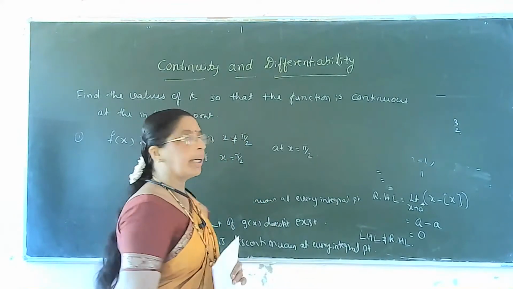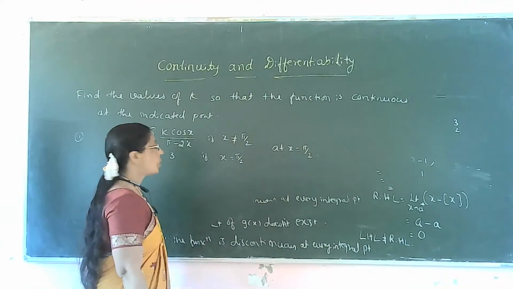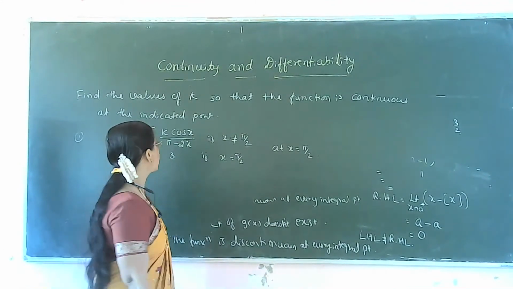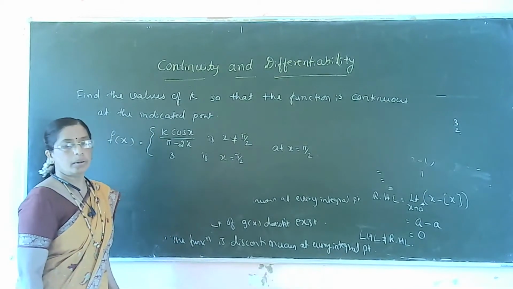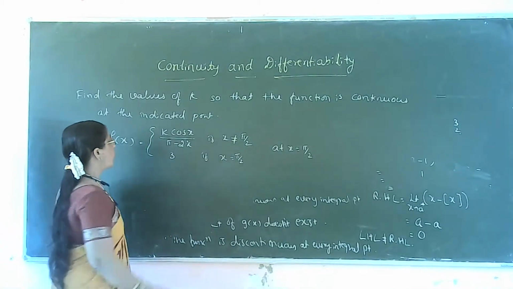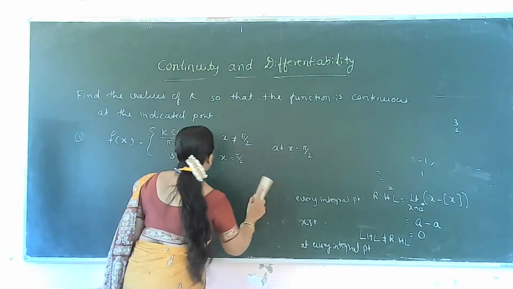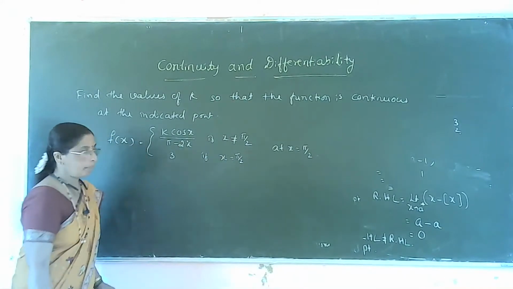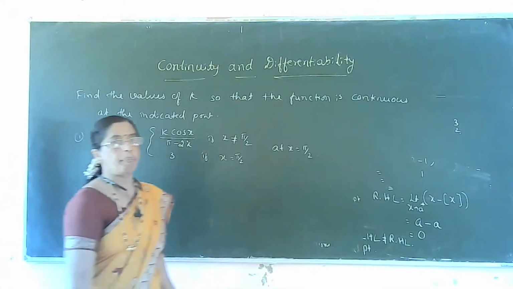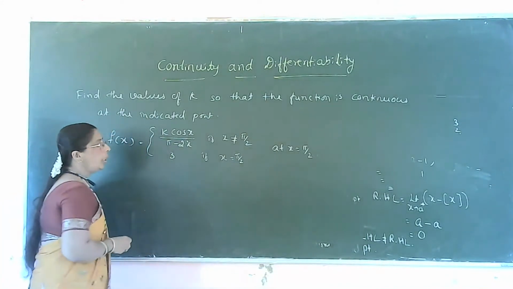If x is greater than 5 by 2, the function is k cos x divided by 5 minus 2x, and if x is less than 5 by 2 also the function is k cos x divided by 5 minus 2x. But at x equal to 5 by 2 the value of the function is 3.